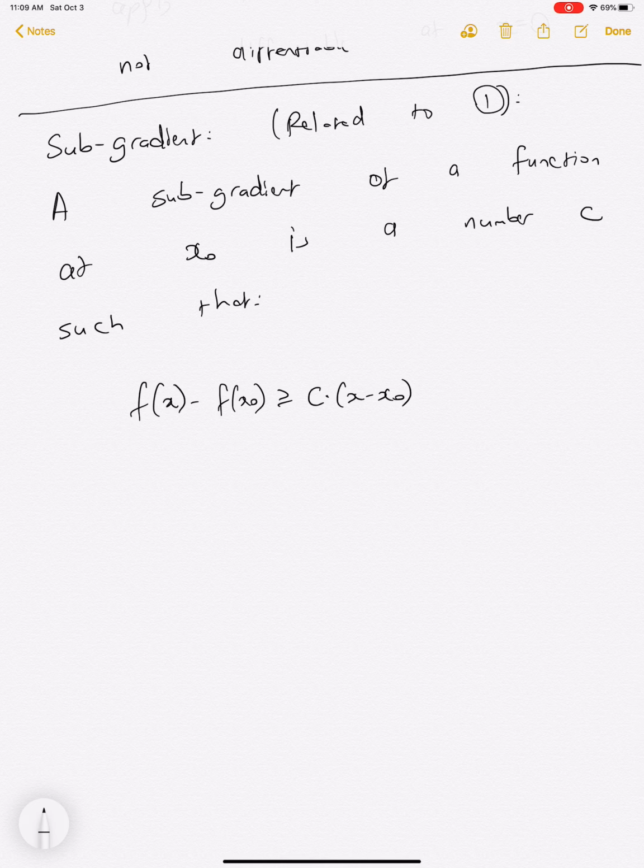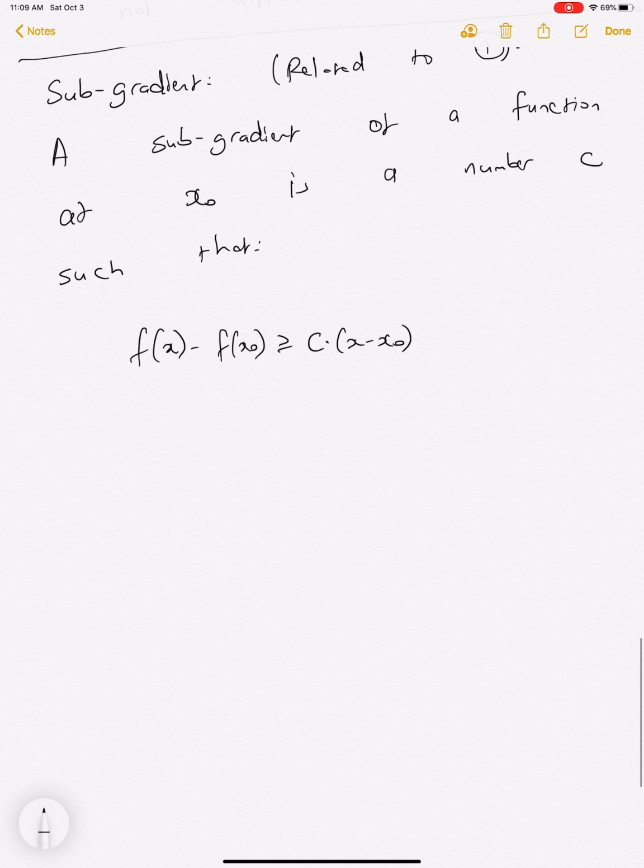What I'm saying here is that a subgradient of a function at x0 is a number c such that f of x minus f of x0 is bigger than or equal to c times x minus x0.